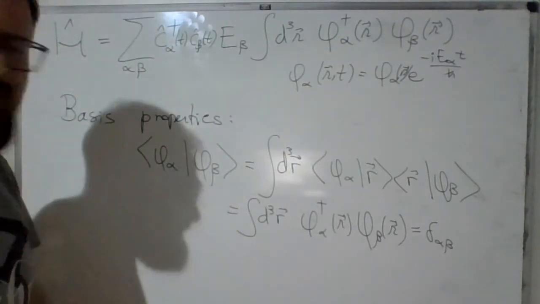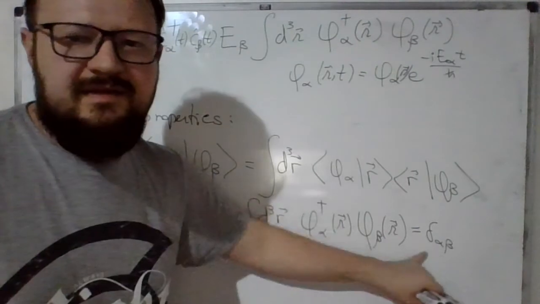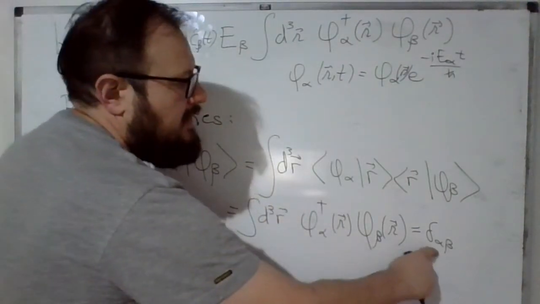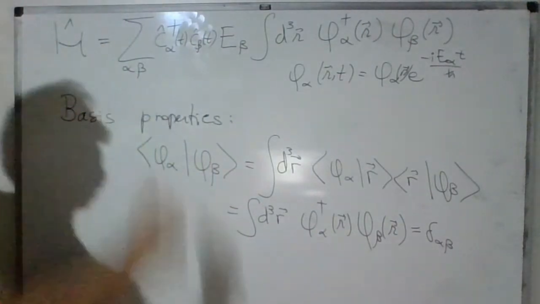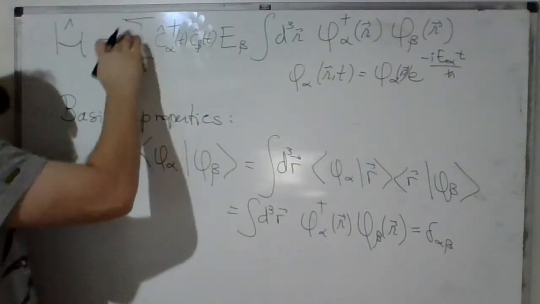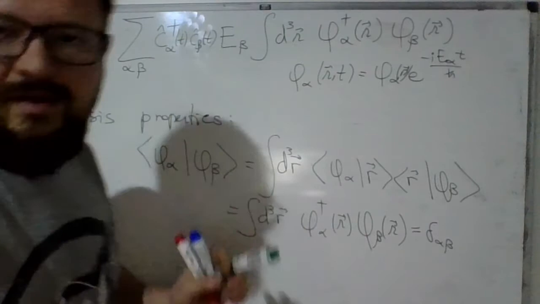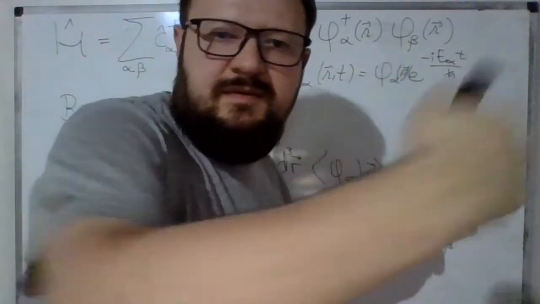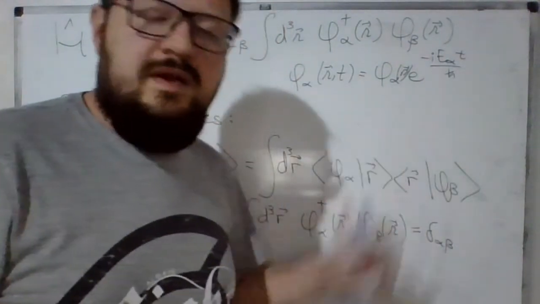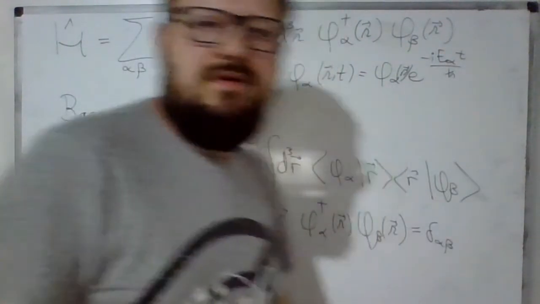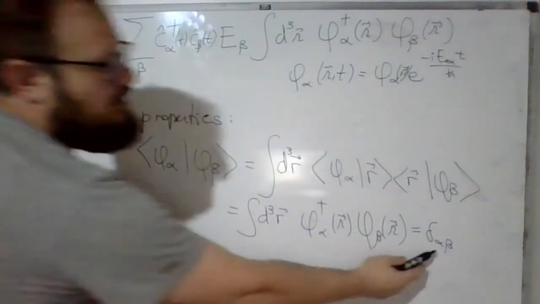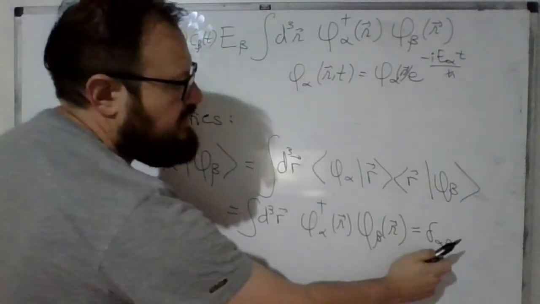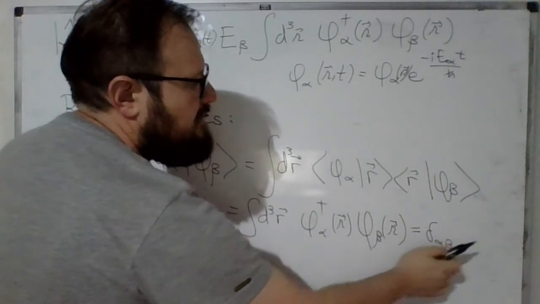All right? If you have a discrete set of states, this corresponds to a Kronecker delta, and this is a double summation. If you have a continuous set, this would be an integral over alpha and beta, a double integral over alpha and beta, and you have a Dirac delta here.